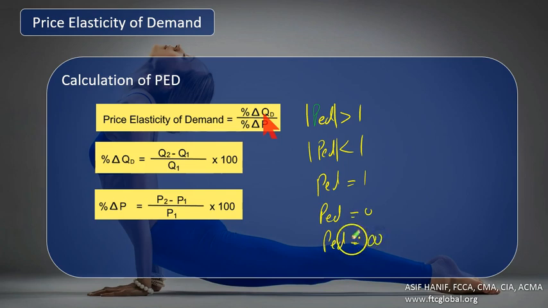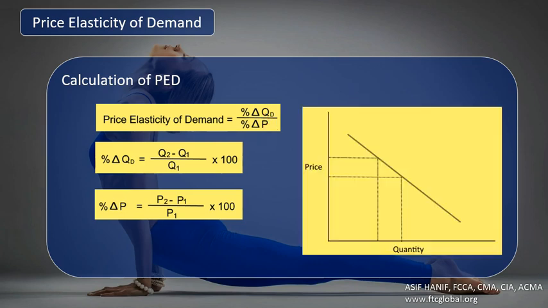So these are the 5 different situations. Price elasticity of demand can be greater than 1, less than 1, equal to 1, equal to 0, and equal to infinity. First we will compute, then we will give the interpretation. What does greater than 1 mean, less than 1, and what are these?